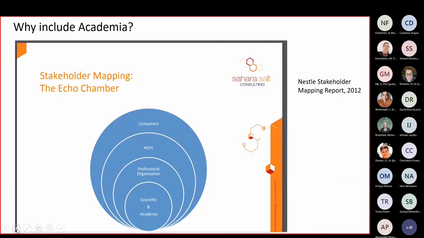From that same report, we find that there's something called the echo chamber, and it shows very clearly that by influencing the academic and scientific arena, as the industry, it would filter and flow into the professional organizations, and those professional organizations are used as educational conduits, as influencers for healthcare professionals.